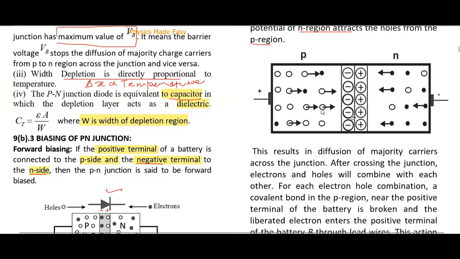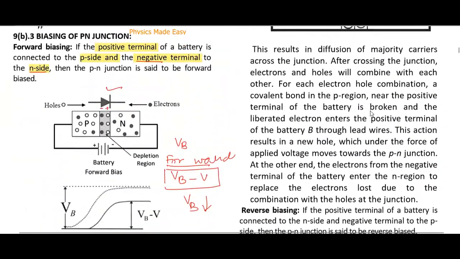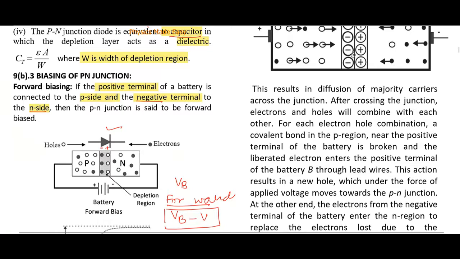Now as this is positively charged and this is negatively charged, what will happen? These holes will move towards the barrier. And in this case, this is negatively charged, electrons will move towards the barrier. So this is the case of forward biasing. The result, diffusion of majority carriers across the junction.